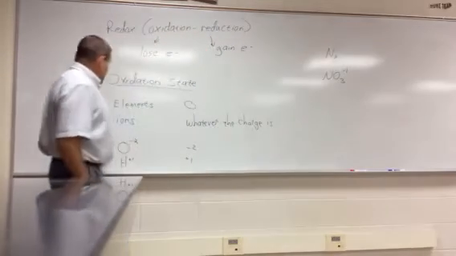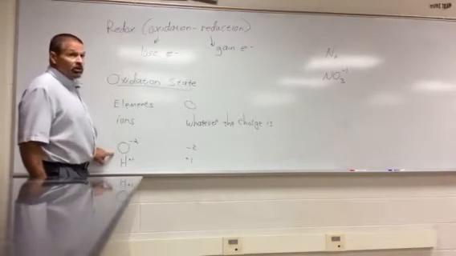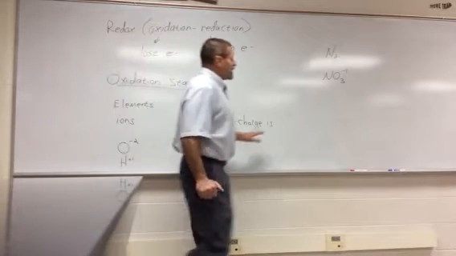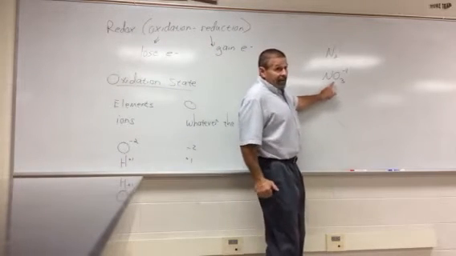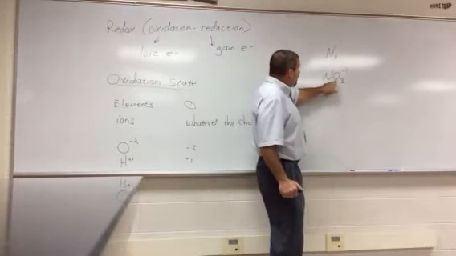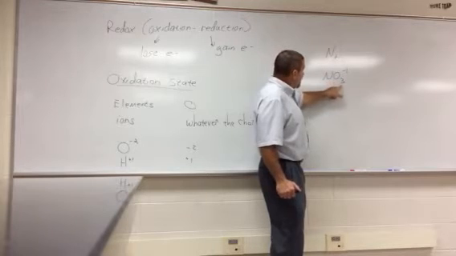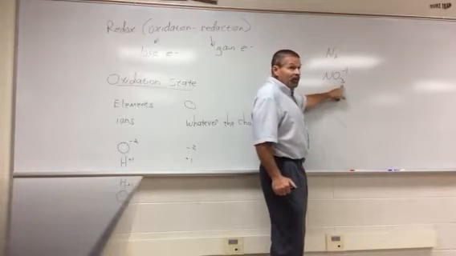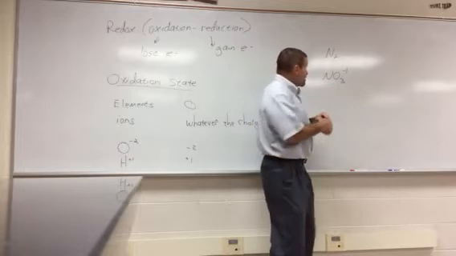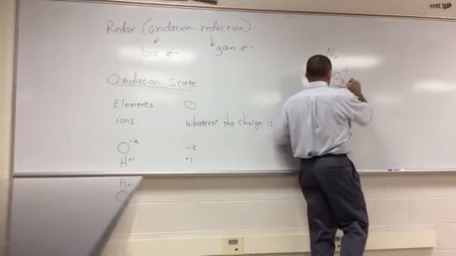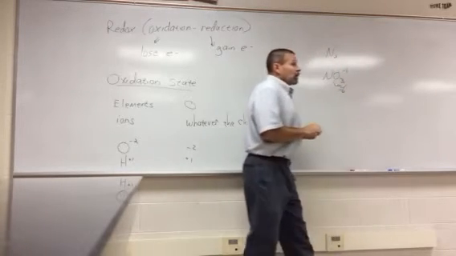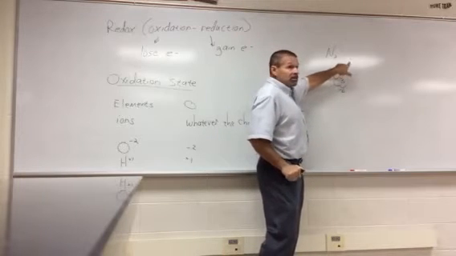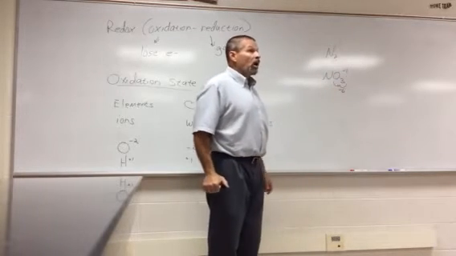So you fall back on this, you say, well, oxygen's a -2. That's almost always true. And today's high-powered math, let's see if we can do it. If oxygen's -2, and there's 3 of them, that would give you a total of -6. The overall charge on the ion is -1.